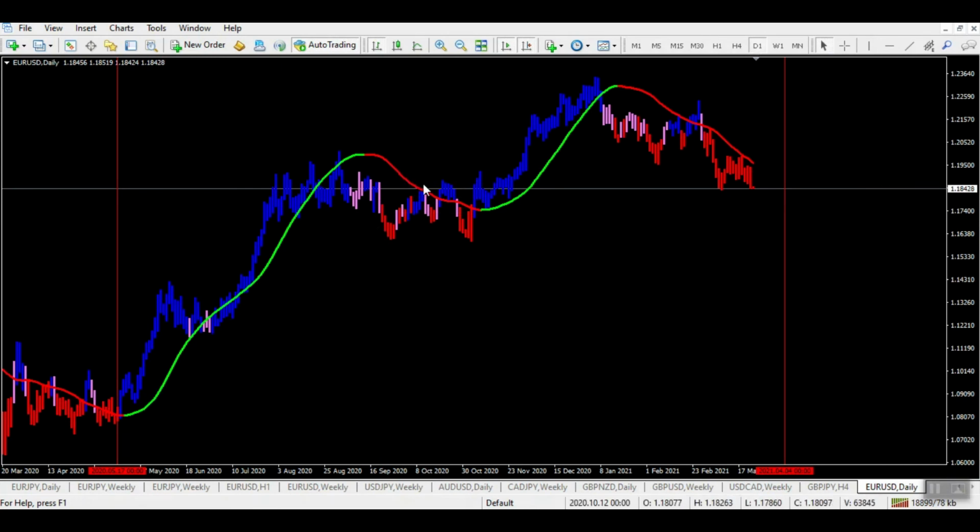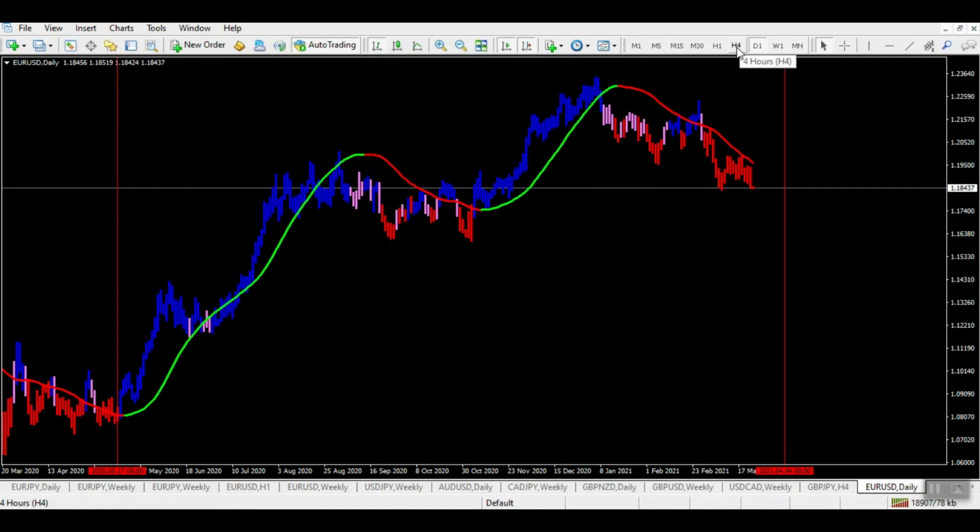I would have ignored all this. I would have ignored those sells. I'd only be interested in buying. I would only be looking for buys if the weekly and the daily agreed. If the weekly and the daily don't agree, I wouldn't be interested in it.